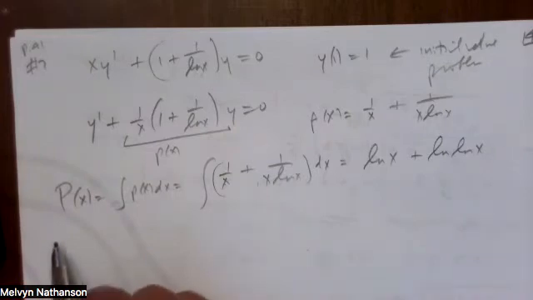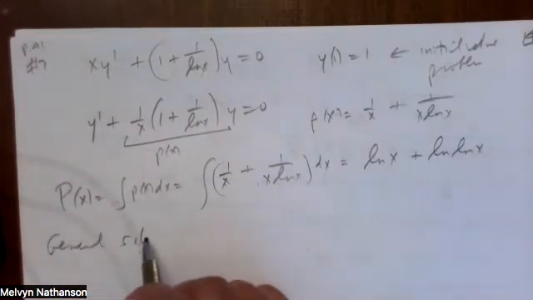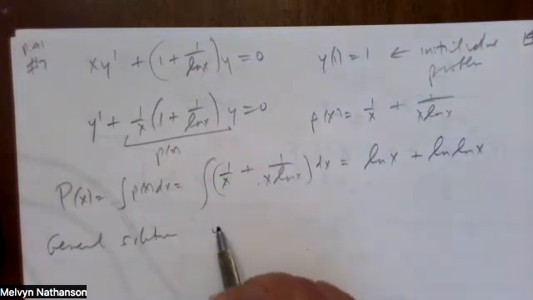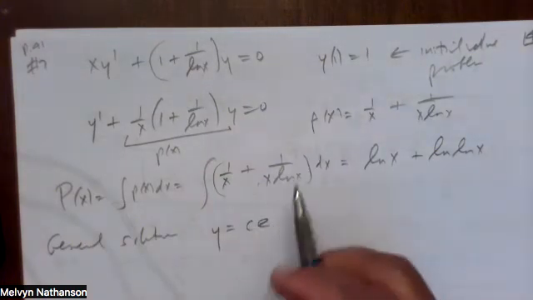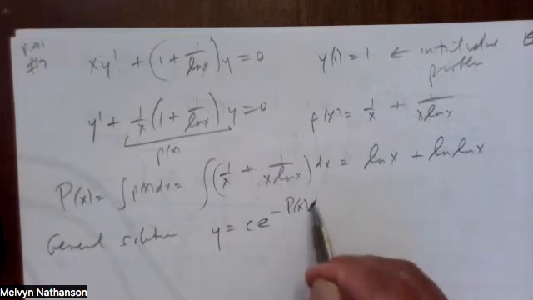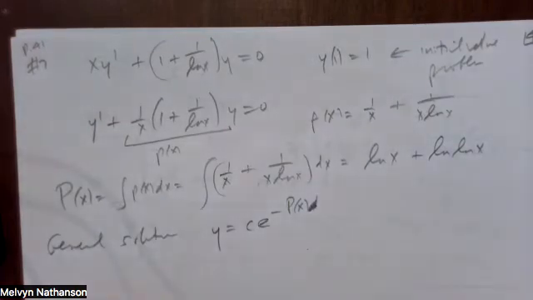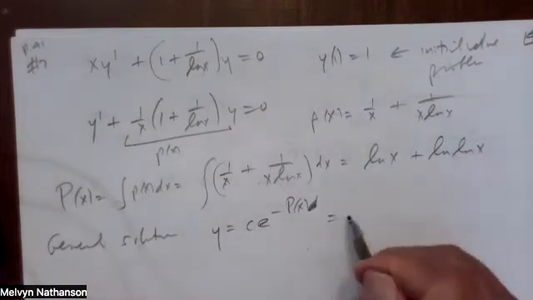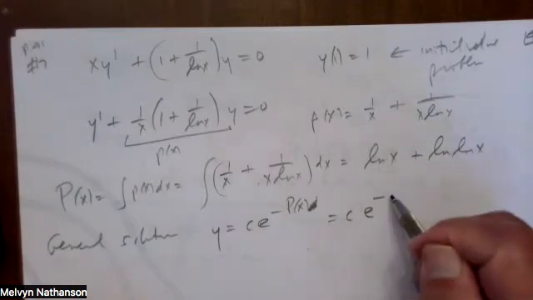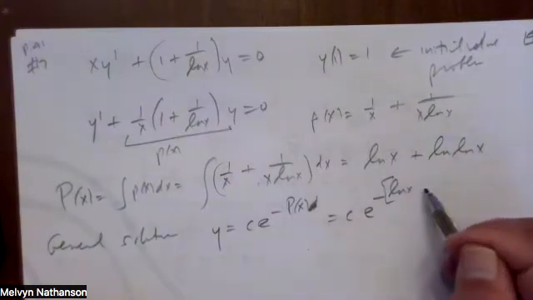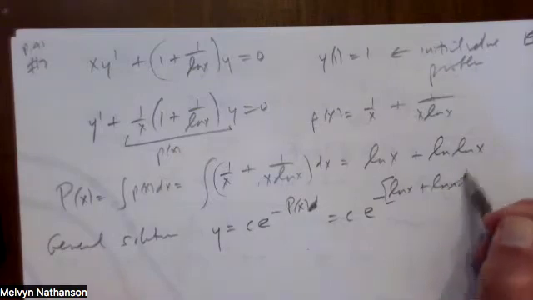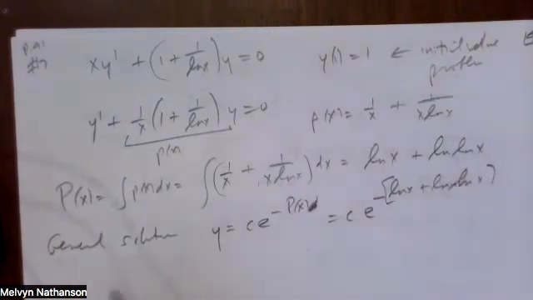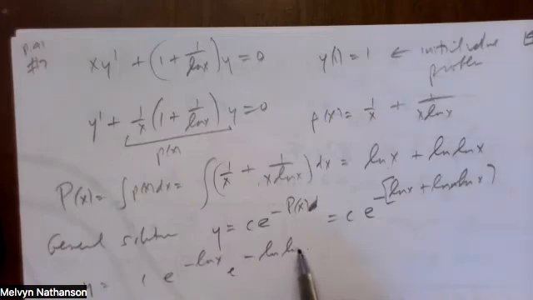So my general solution is y equals C e to the minus P of x. What is that? That's C e to the minus log x plus log log x, which is C e to the minus log x, e to the minus log log x.